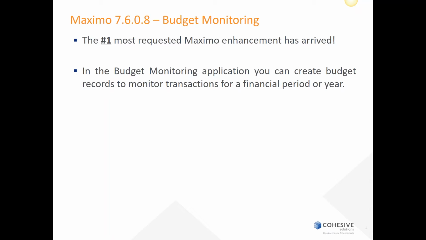So this can be through the financial periods that are part of Maximo, or you can just specify a year and not necessarily a month or a quarter. You can just say the entire year of 2018, for example.